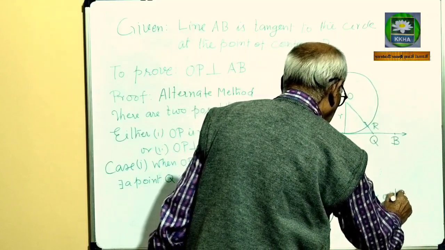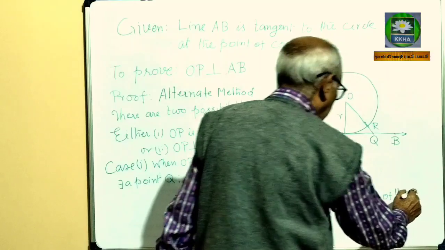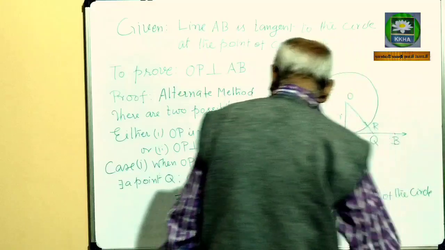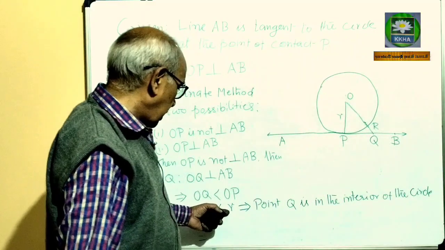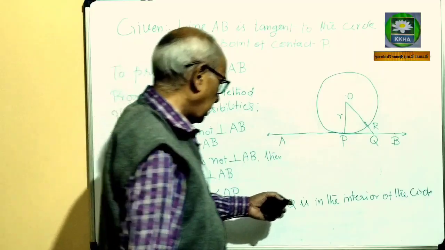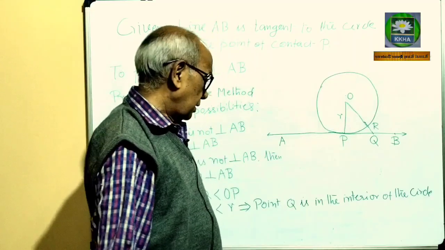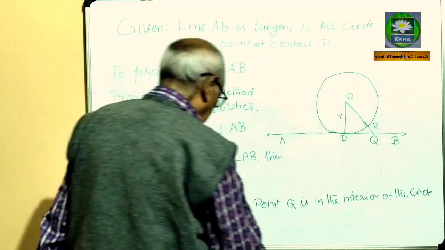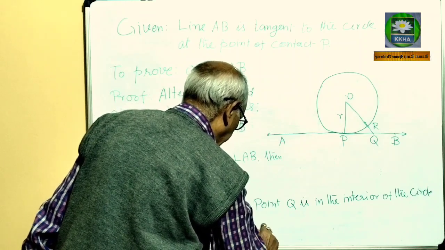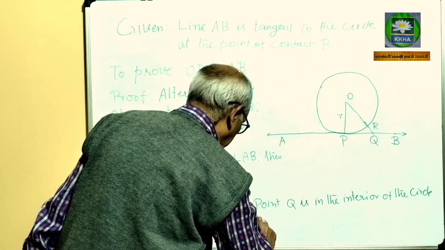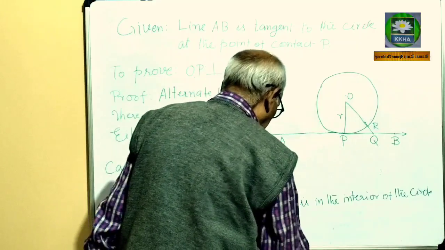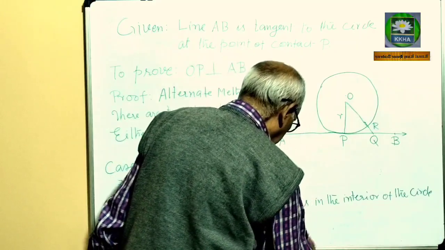Since OQ is less than the radius of the circle, point Q is in the interior of the circle. It means line AB intersects the circle at 2 points.